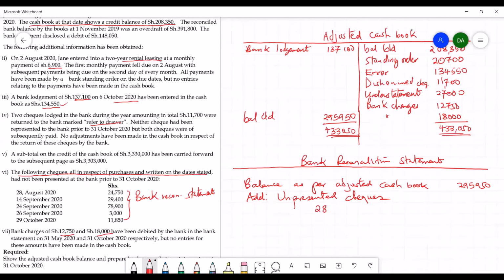On 28th August, the check amount unpresented is 24,750. On 14th September, it is 29,400. On 24th September, it is 78,900. On 26th September, the amount of unpresented check is 3,000.